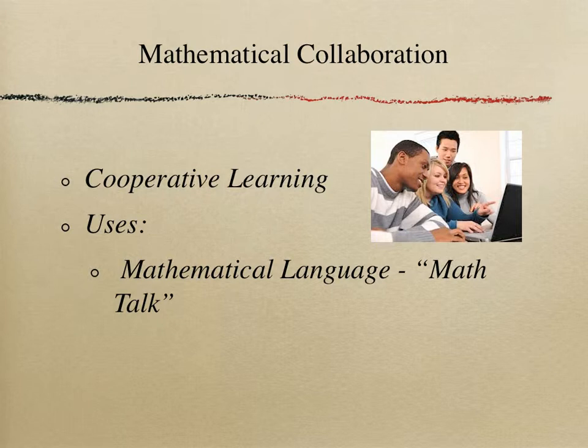And so we want our students to really use a mathematical language to show that they understand those terms. And also in cooperative learning, we want our students to use logic reasoning. We want our students to justify their answers, to use inductive or deductive reasoning to come up with conclusions.